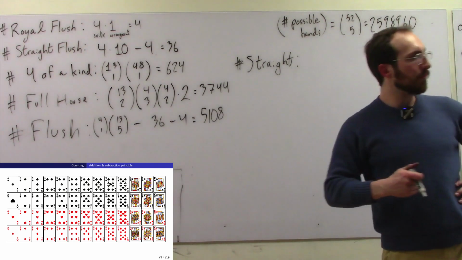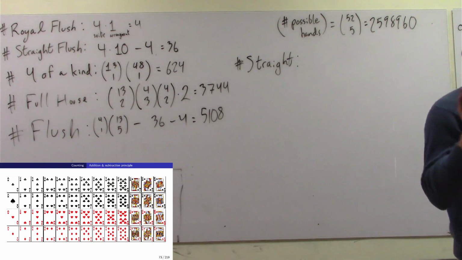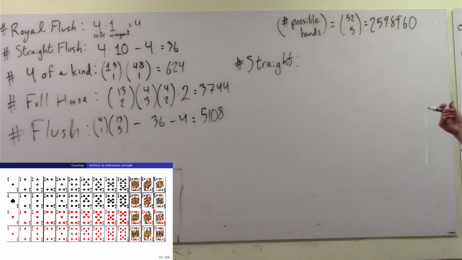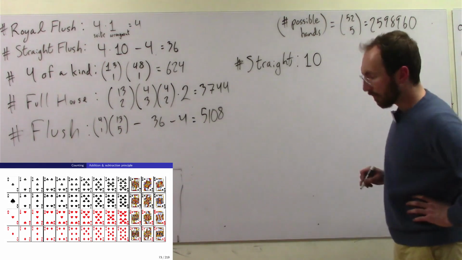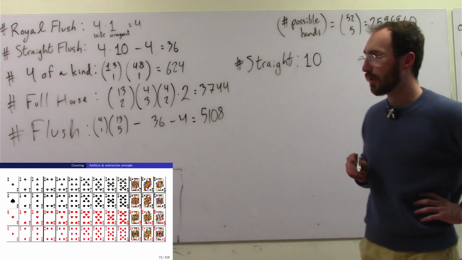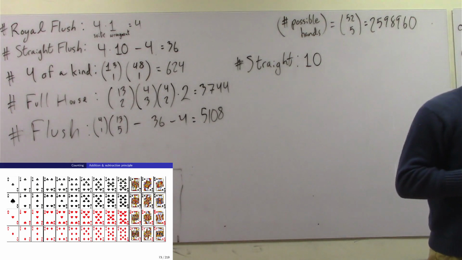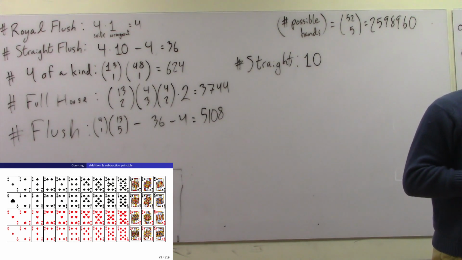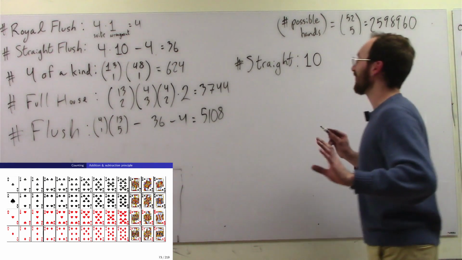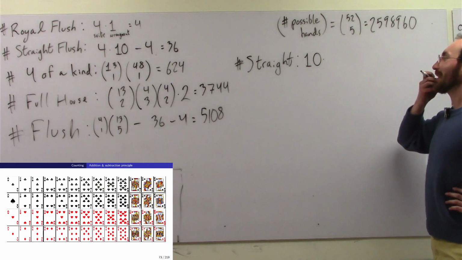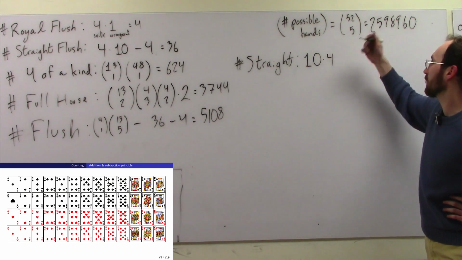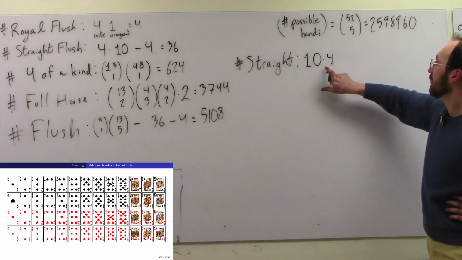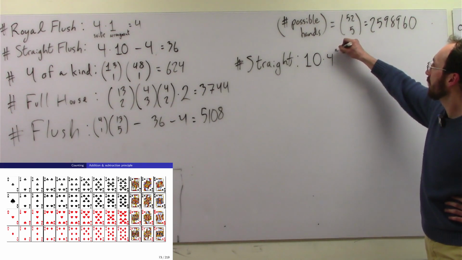Yeah, right? The high card or low card defines the straight. Totally. And what did we say, 10 of those. Oh, we did that already with the straight flushes. Yes. So there's 10 possible low cards. And I'm just worrying about overcounting a lot. So there's 10 low cards and we can decide just the suits of everything. So this is going to be 10 times 4 to the 5th.